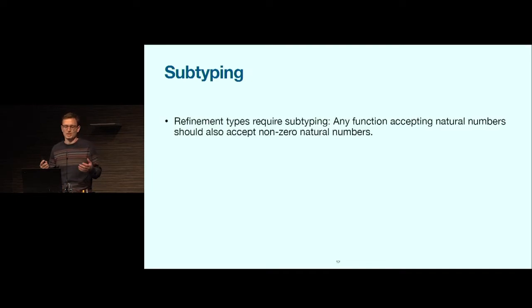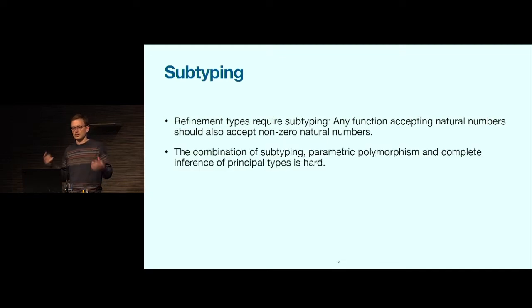Any refinement type system requires some notion of subtyping. Any function which accepts natural numbers should also accept non-zero natural numbers. But it is well known that the combination of subtyping, parametric polymorphism, and the complete inference of principal types without requiring the user to annotate anything is a hard problem.